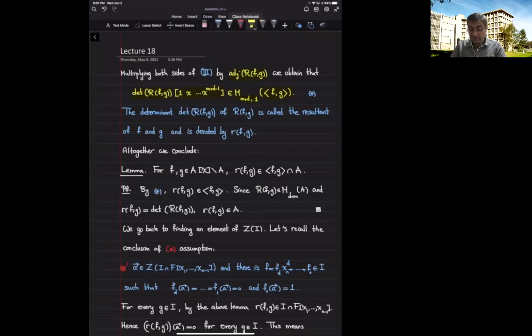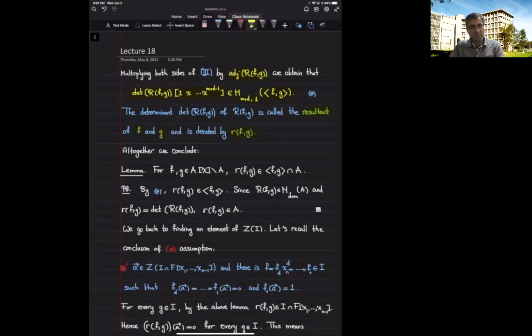In particular, the first entry is in the ideal generated by f and g. The first entry is the determinant of this matrix. The determinant of this particular matrix is called the resultant of the polynomials f and g, and we are going to denote it by small r of f comma g.